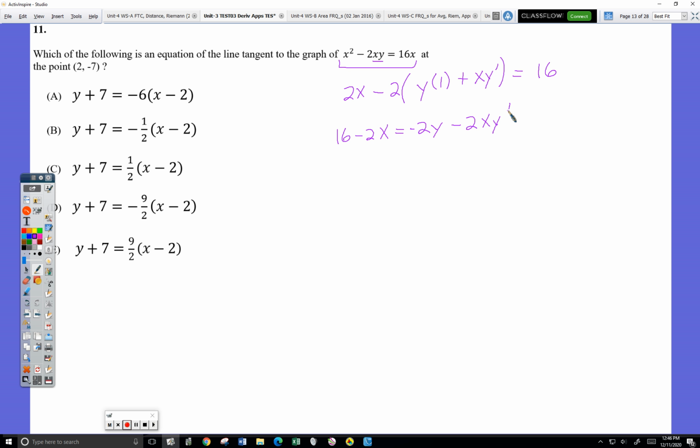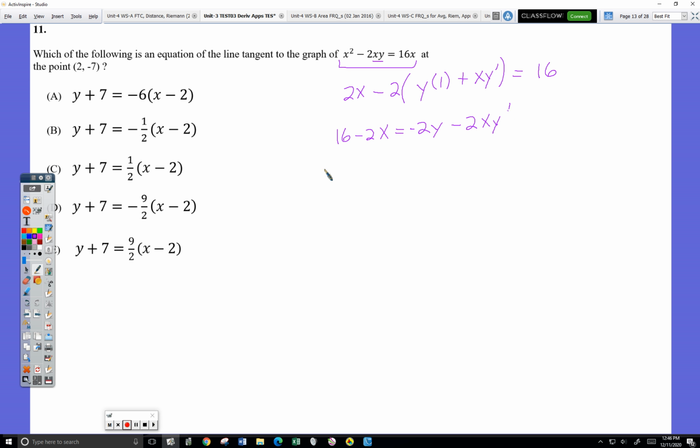Okay. Keep going. And so then I added y prime to the 16 minus 2x. What does the next line say?